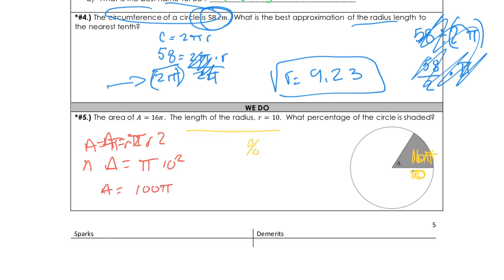So percent equals the part over the whole. For my percentage, my part is 16 pi. My whole area would be 100 pi. The pi's cancel off. 16 out of 100. Percent means per 100. So 16 out of 100 is 16%. So 16% of that circle is shaded in.